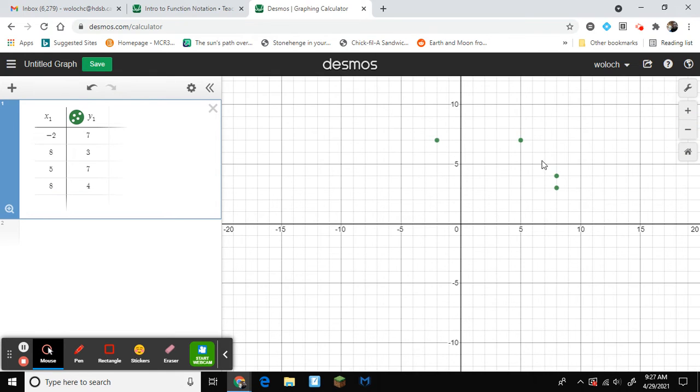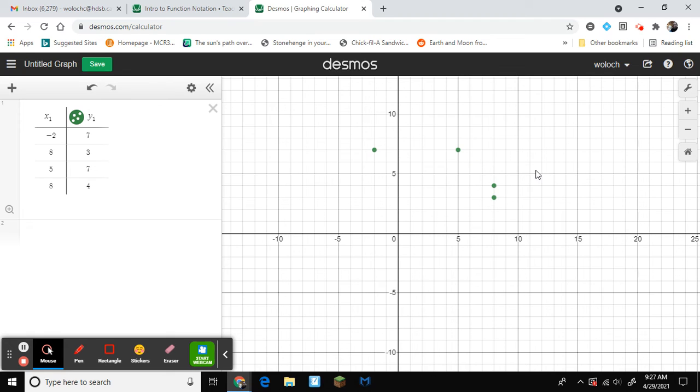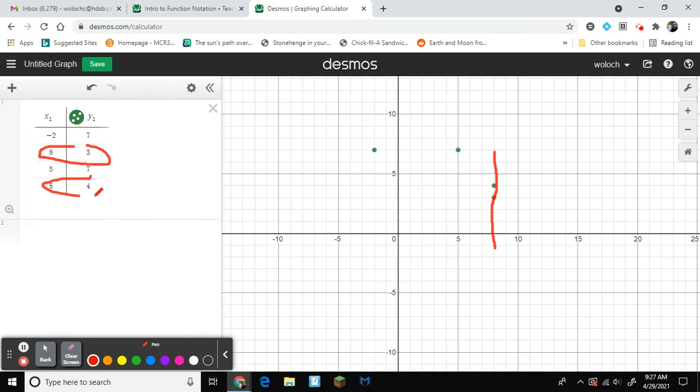All right. So if you look here, remember we talked about the vertical line test, right? If I draw a vertical line right here, the input of 8, which is right here and right here, has 2 different outputs, which means that this one is not a function.